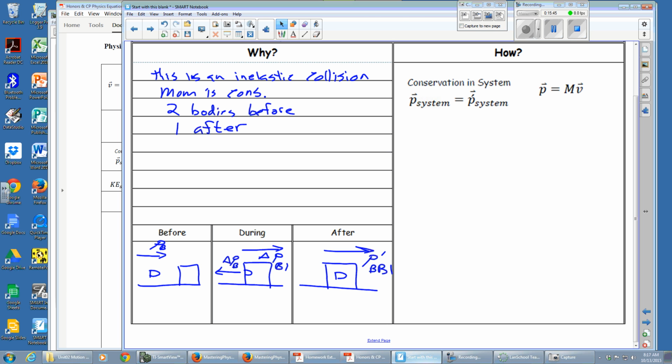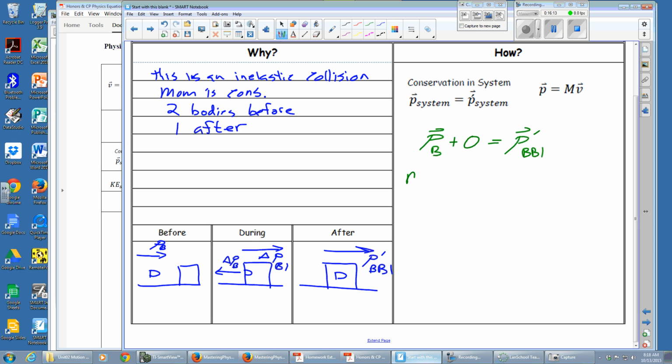So let's see. Before the collision, the system had momentum of the bullet, but no momentum of the block. So I'm just going to put +0 there. Afterwards, you had the momentum of this new body, the block and the bullet together.